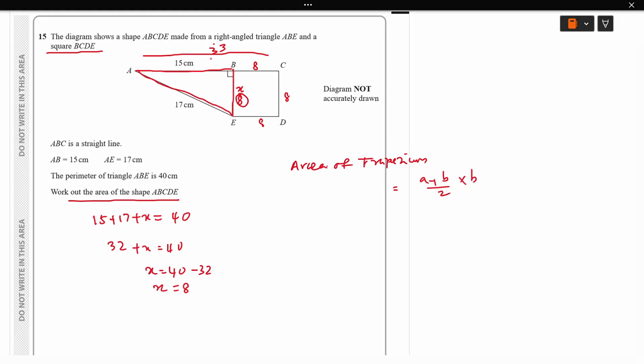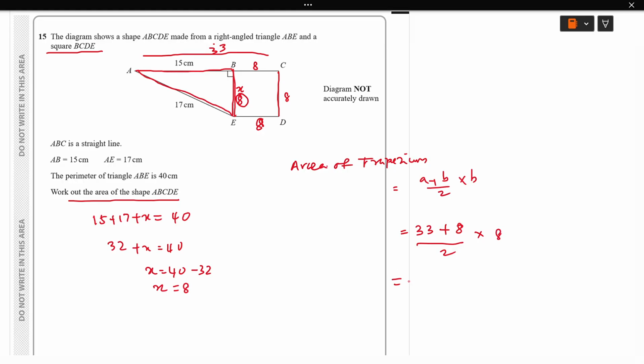The parallel sides are the top side and the bottom side, which is 8. The other slanted side is not parallel, so it's not required. The height, where it meets at 90 degrees, is 8.